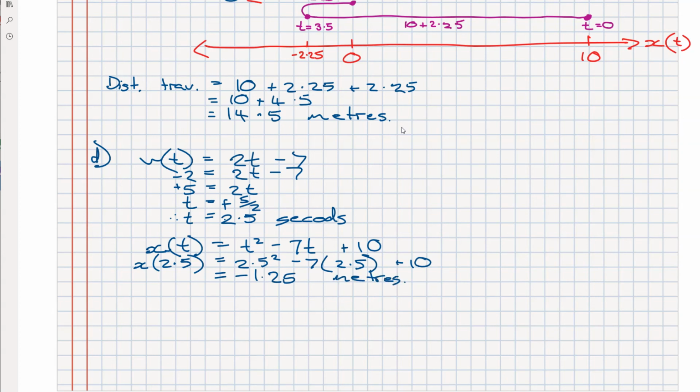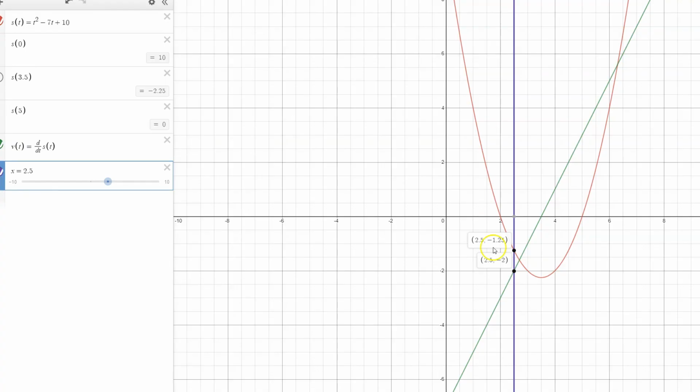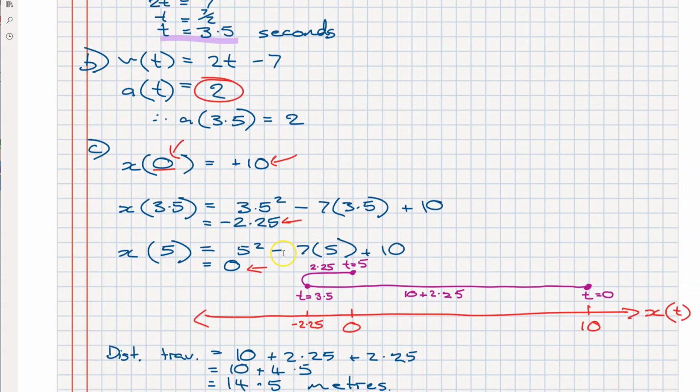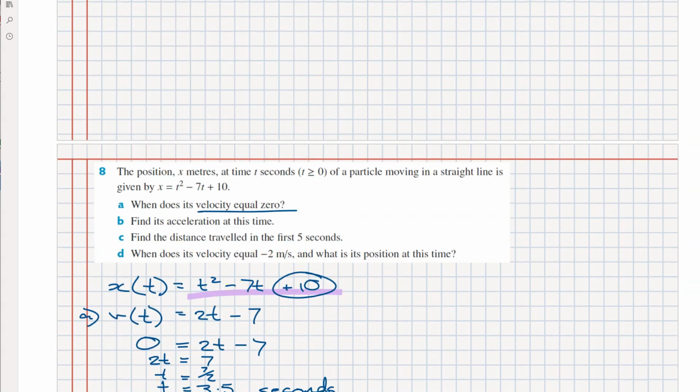So in which case it's going to be 1.25 meters to the left of the origin, consistent with what we observed with this graph over here. So this has been a video on how we can solve some of these questions.